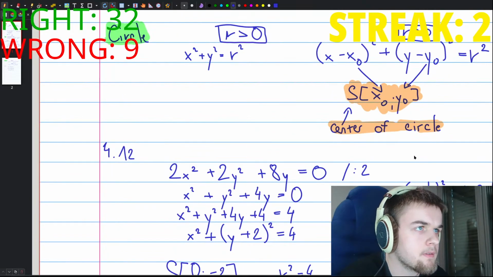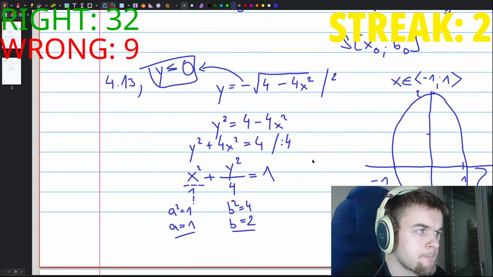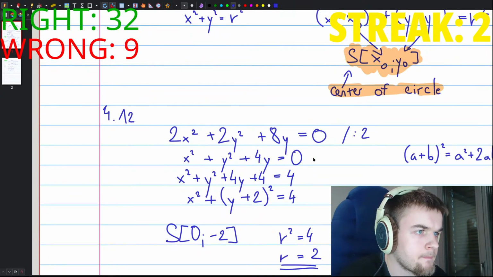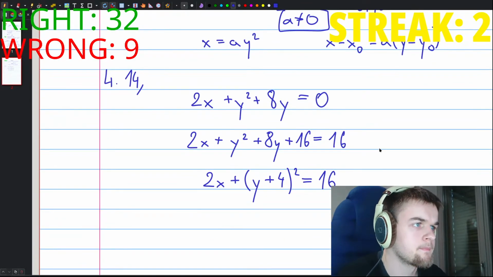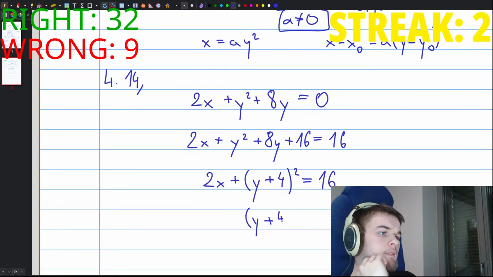What is the difference between this and the circle though? This is like the exact same thing. Not exactly. And if we pop the x over to the other side, we get y plus... equals minus 2x.